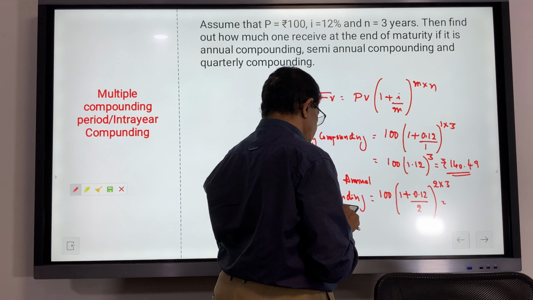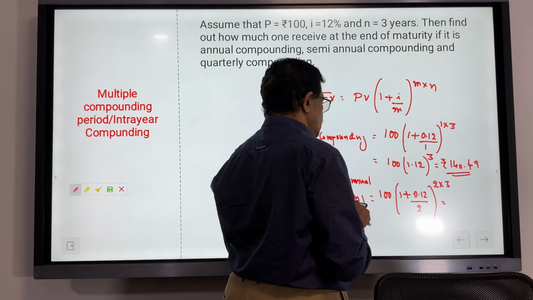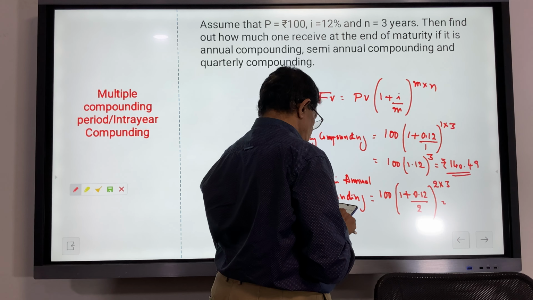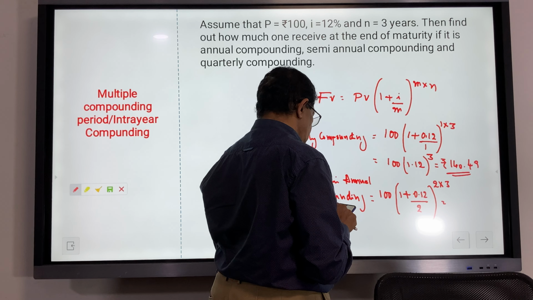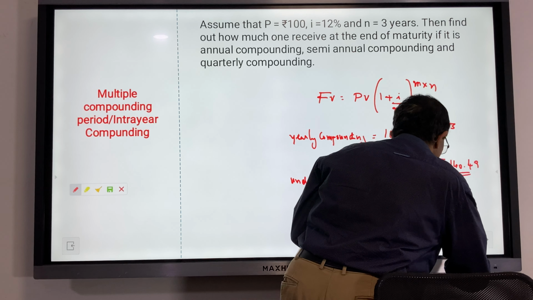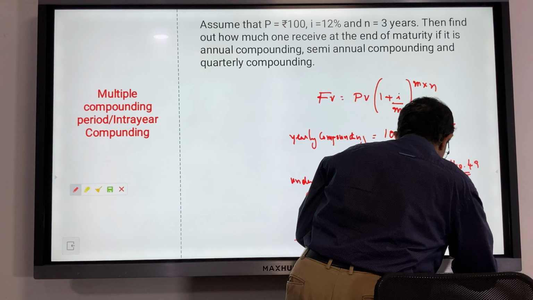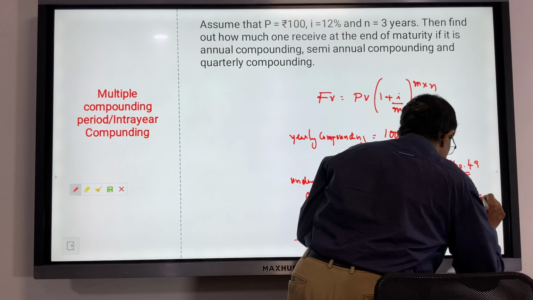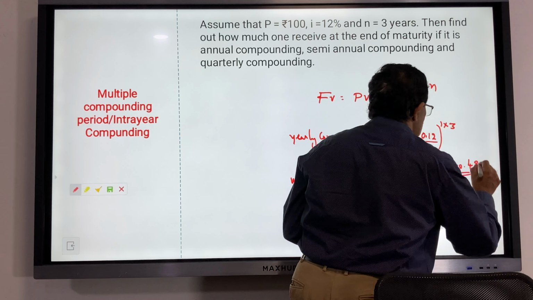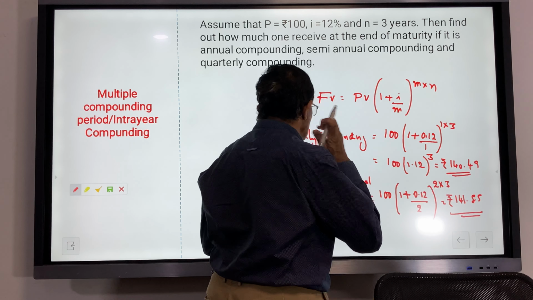If you use the calculator, just calculate that particular value multiplied by 100. You are getting 141.8556. So here you are getting a higher amount when you compound it twice in a year.